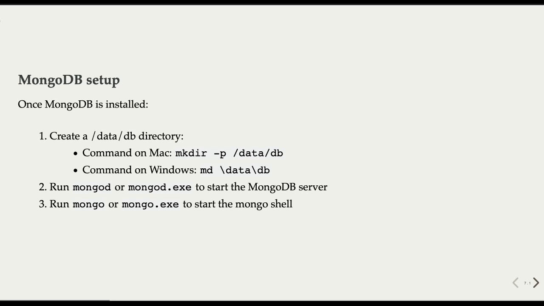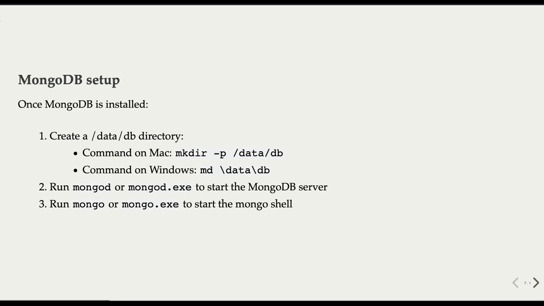Once MongoDB is installed, there are a couple of steps to make sure it works. First is to set up or create a DB directory. By default, you can create a /data/db directory, which will be used by the MongoDB server to store data.